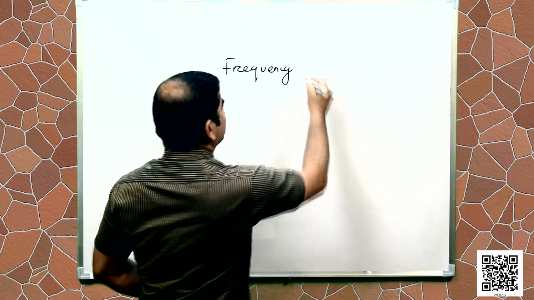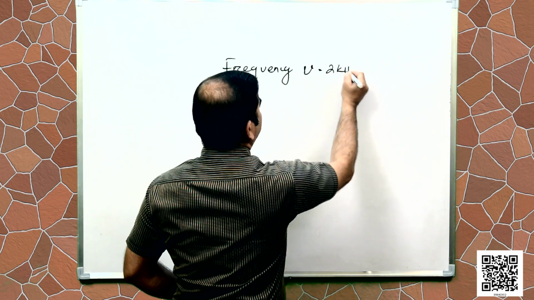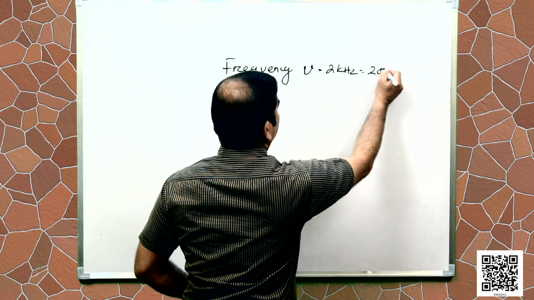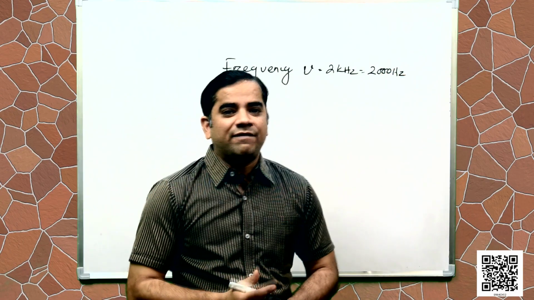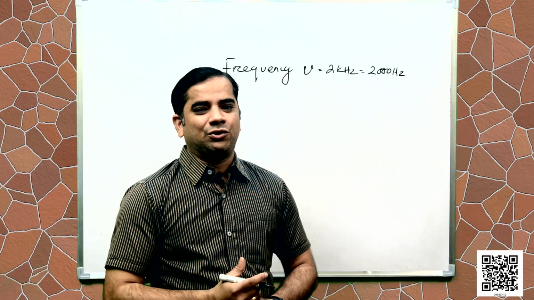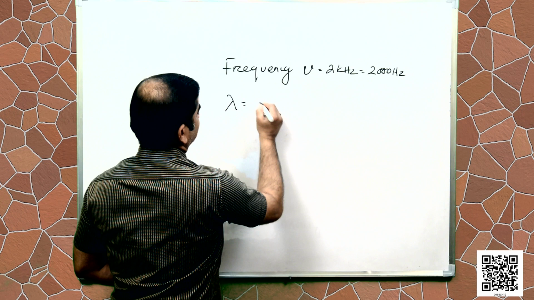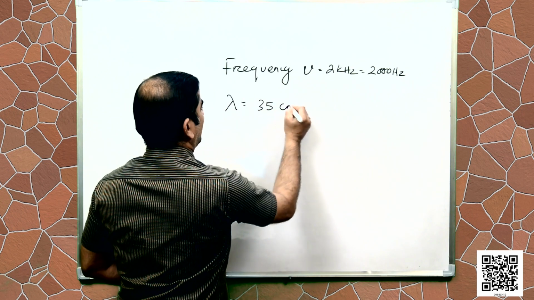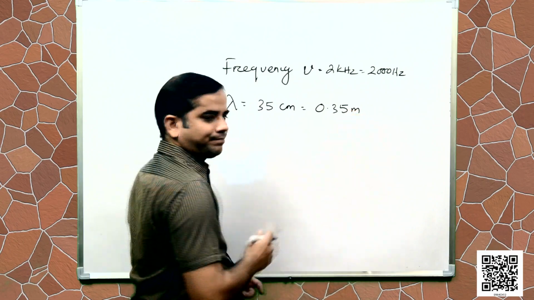Wavelength lambda is equal to 35 centimeter, or we can say 0.35 meter.